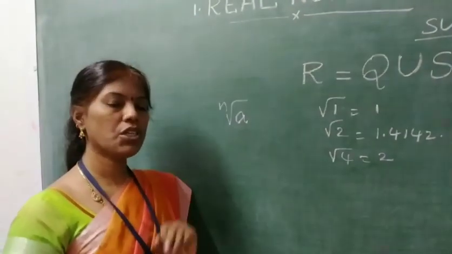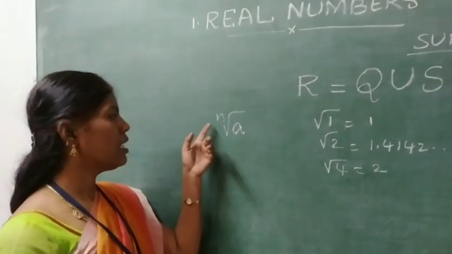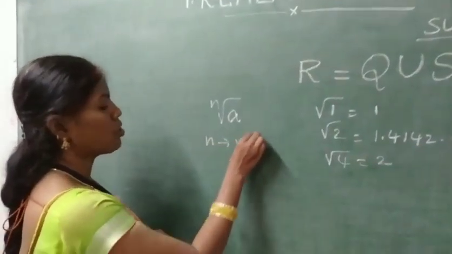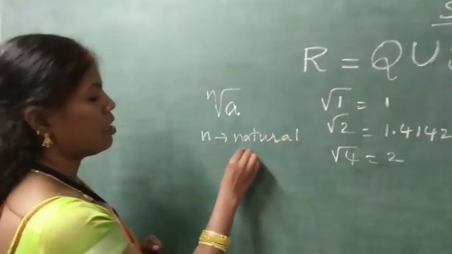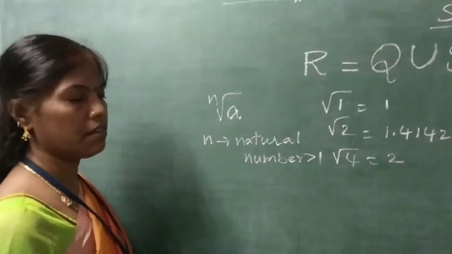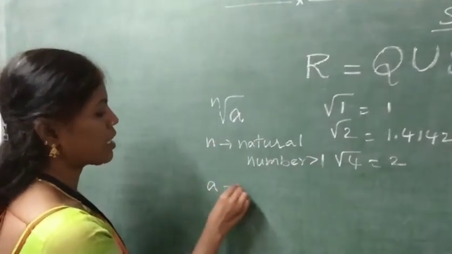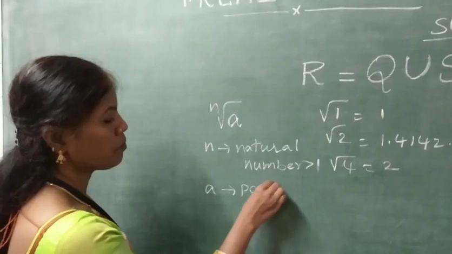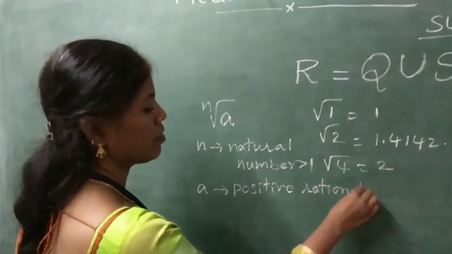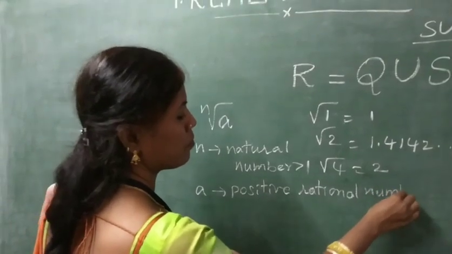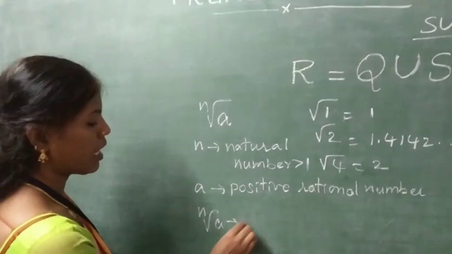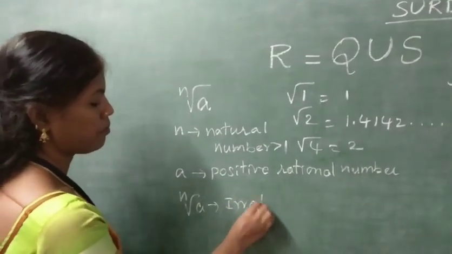Here, three conditions apply. n should be a natural number greater than 1, A is a positive rational number, and nth root A is an irrational number.